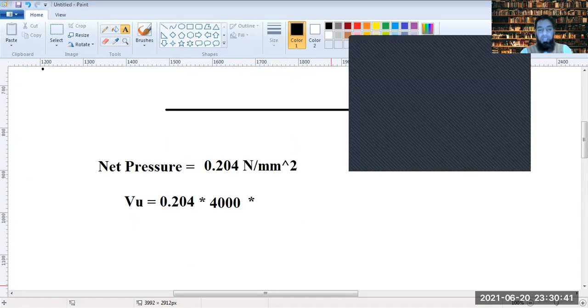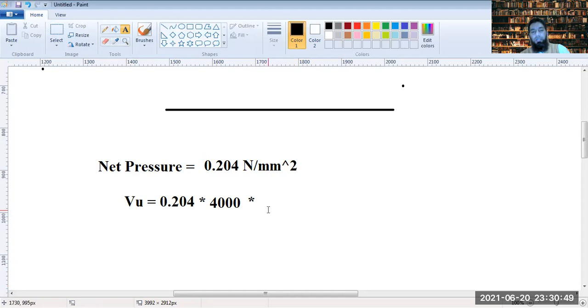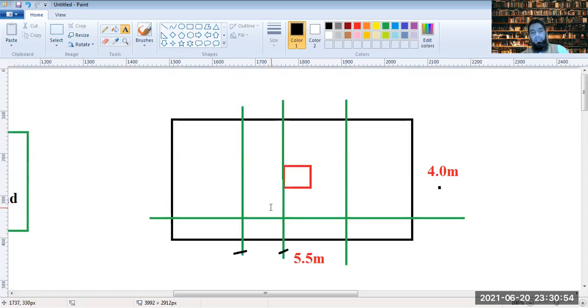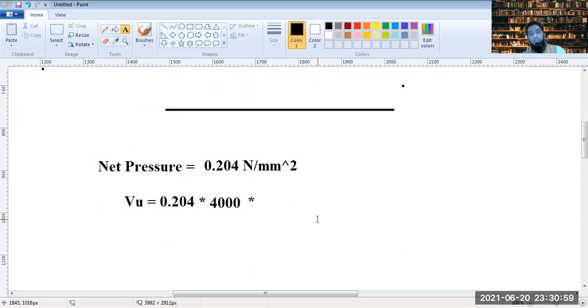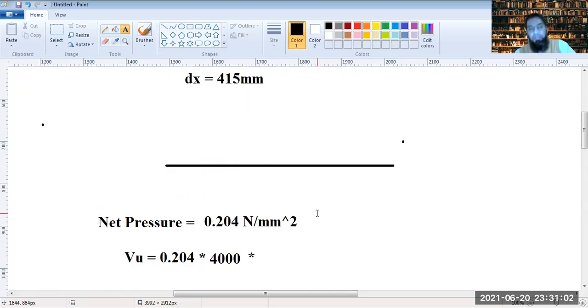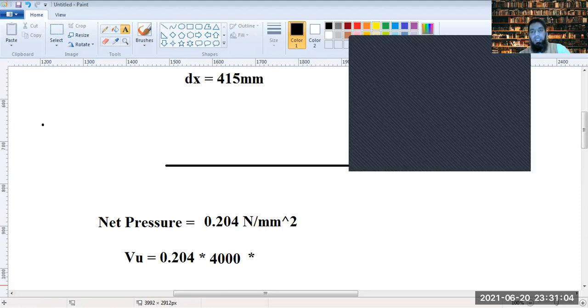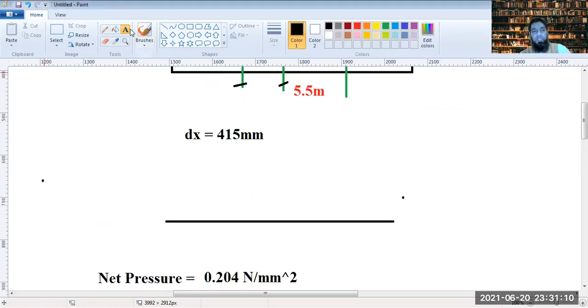Just let me first calculate that. 0.204 cross 4,000, that's 816 kilonewtons, no, newtons. It's 816 newtons per mm. So it's 0.816 kilonewton per mm along this line.